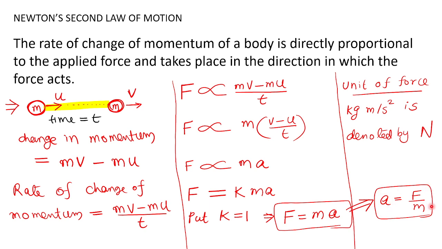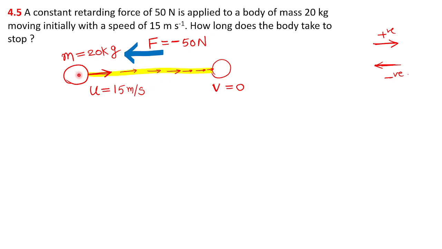Later cases also we will use this formula. So the force is available, so I can find the acceleration of the body. You must memorize this formula, F equal to ma or A equal to F by m. This is the most important one.